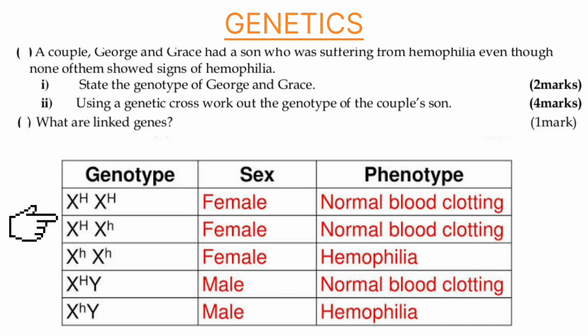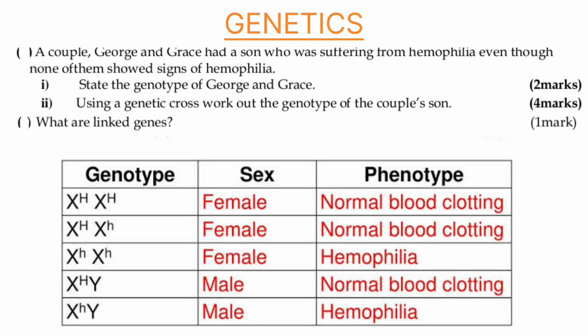But because the allele for hemophilia is recessive, when it's in the presence of a dominant allele, it will not be expressed. So it's going to be present in the genotype, but it will not affect the phenotype of the carrier. So they will not show symptoms, but they can pass it on to their children. So females only have this disorder if they inherit 2 recessive alleles, 1 on each X chromosome, which I might say is rare.